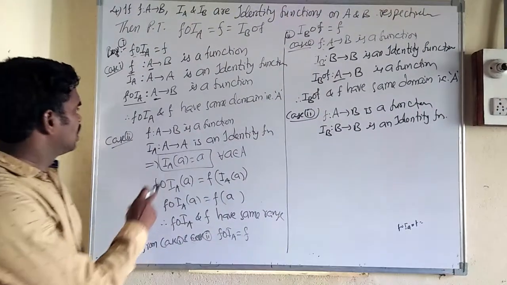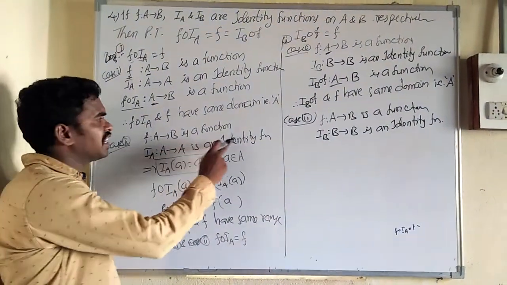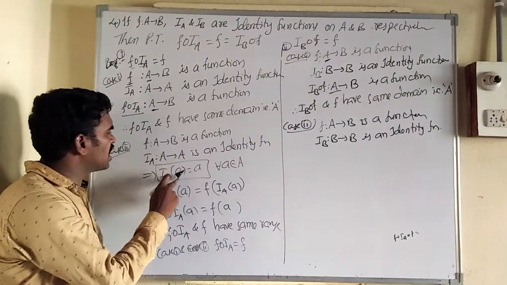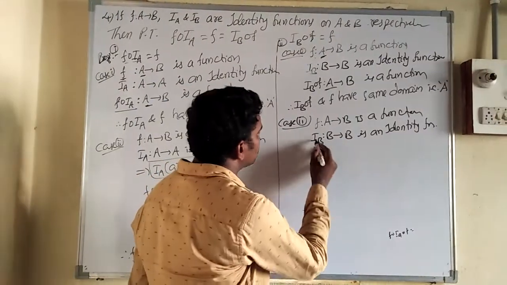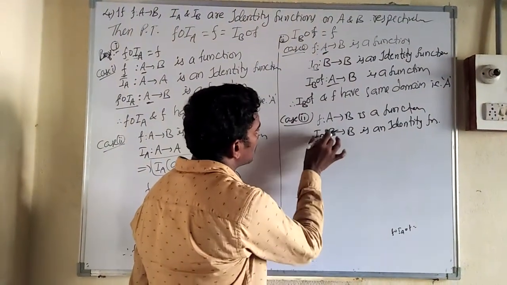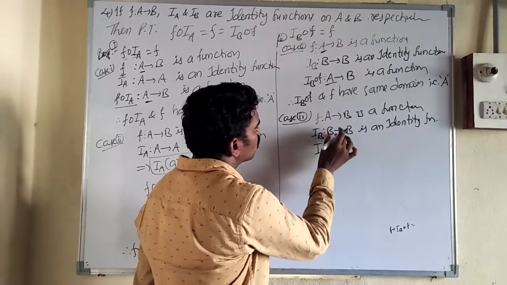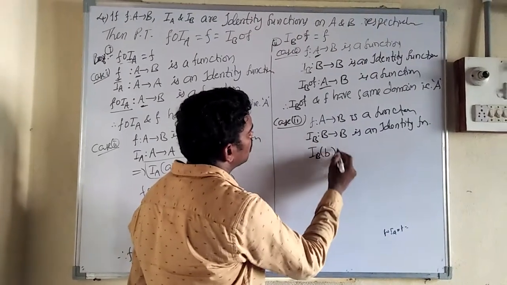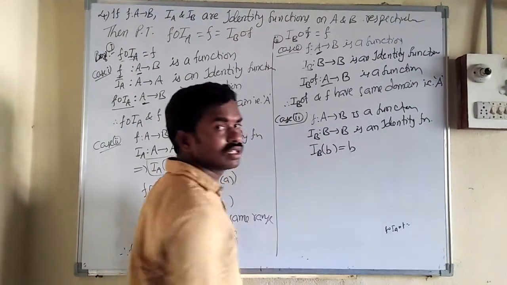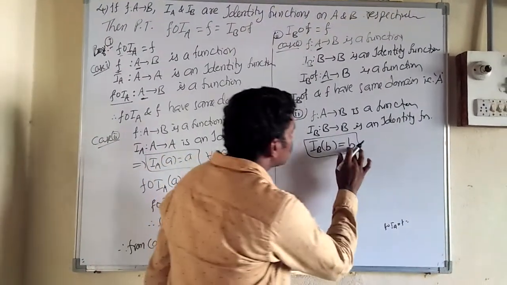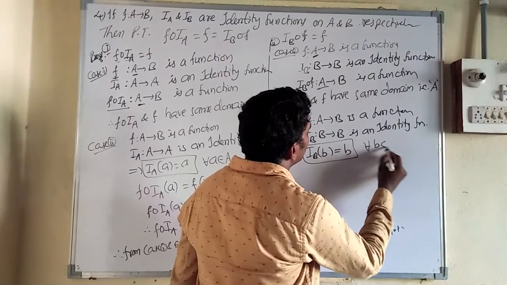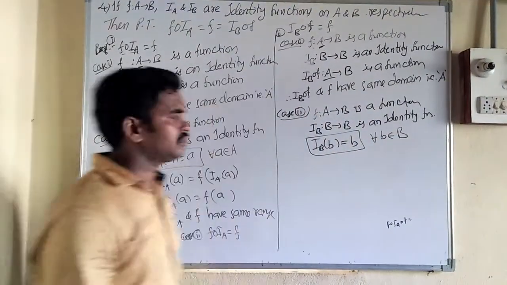IA maps from A to A, identity function means IA of small a equals small a. Similarly, IB of small b equals small b, for all b belonging to capital B. This is the definition of identity function.